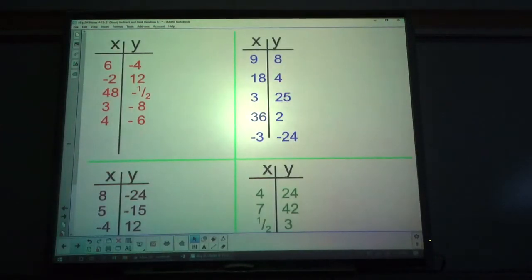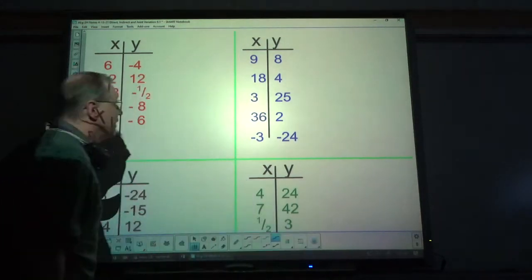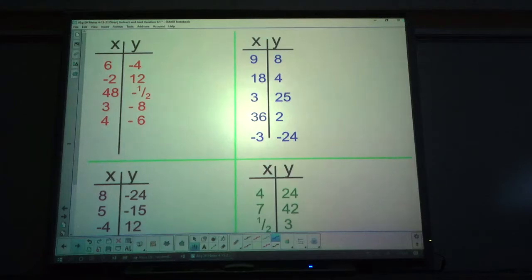All right. Now, if we look at tables, we need to decide whether these are inverse, direct, or neither. We're not going to worry about joint right now because it's not a third variable. Remember, if they're direct, then k times x equals y. If they're inverse, then x times y equals k, and k doesn't change in the problem.